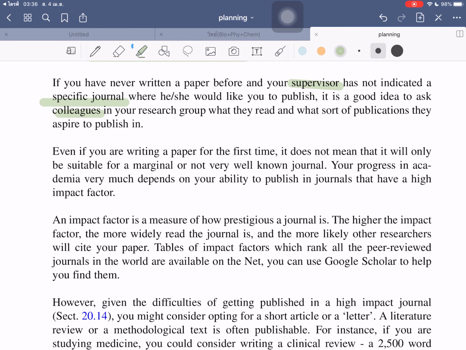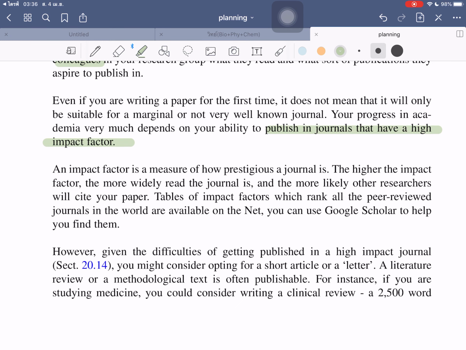The things you need to think about include publishing in a journal that has a high impact factor. What does it mean? The higher the impact factor, the more widely read it is, and the more likely other researchers will cite your paper. This is why you need to think about a high impact journal.